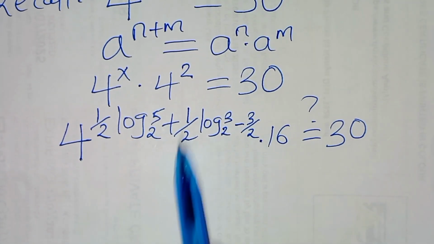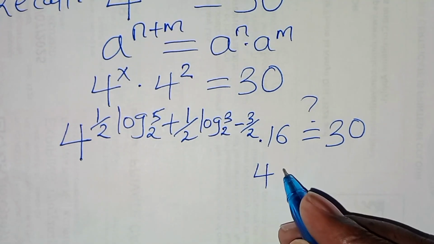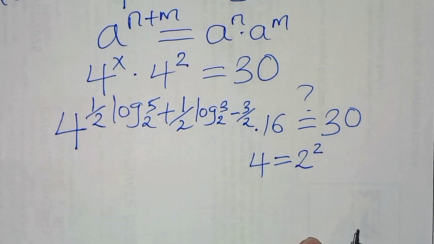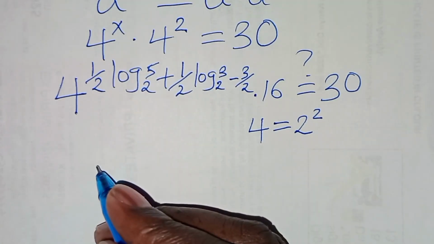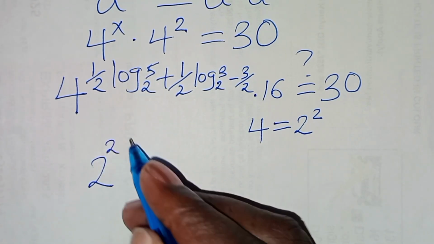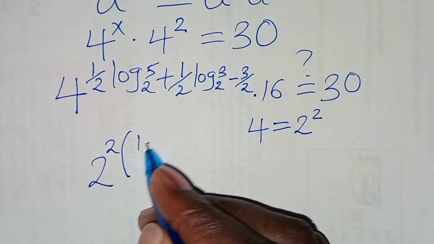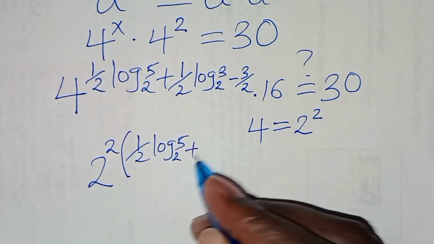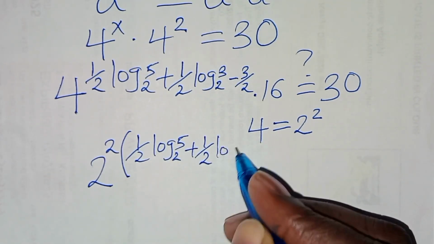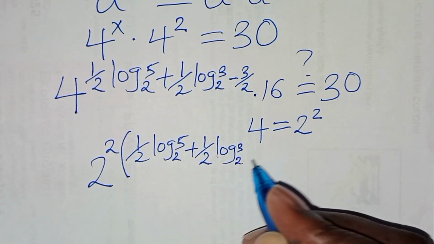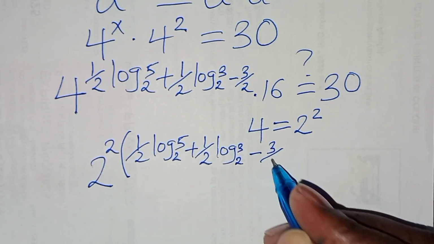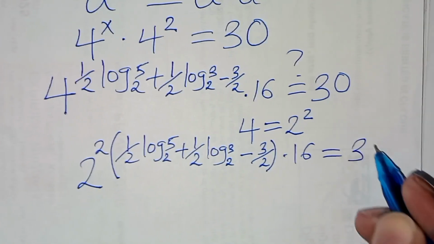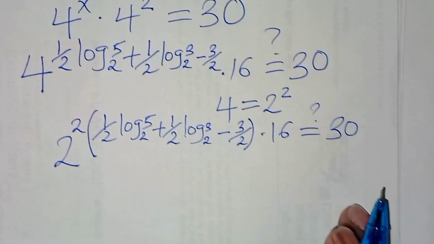Now we can express 4 as 2 to power 2. So we have 2 to power 2 multiplied by half log 5 to base 2 plus half log 3 to base 2 subtract 3 over 2, multiplied by 16. This is supposed to give us a value of 30.